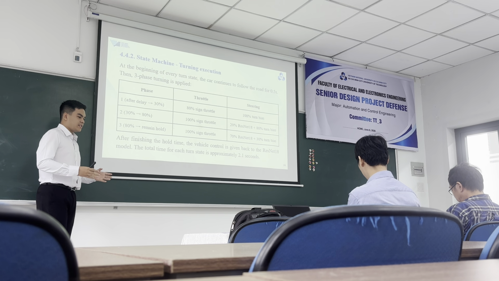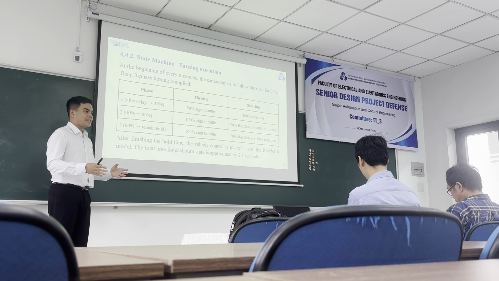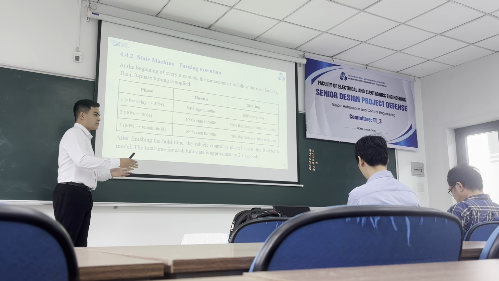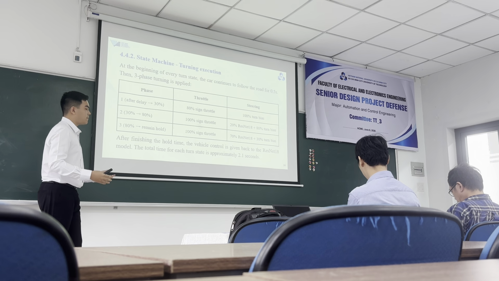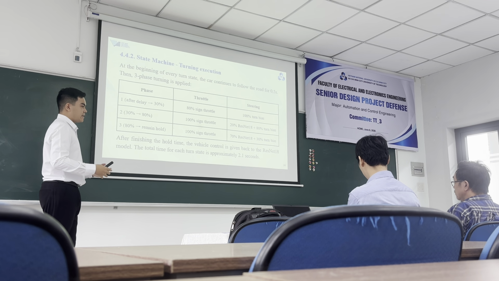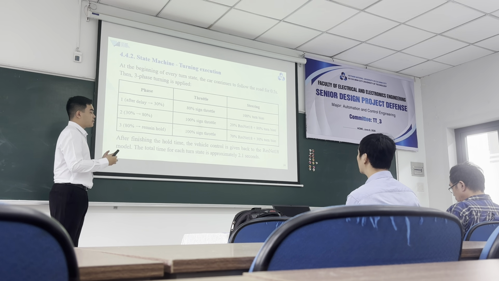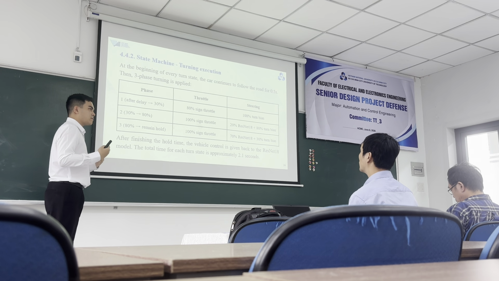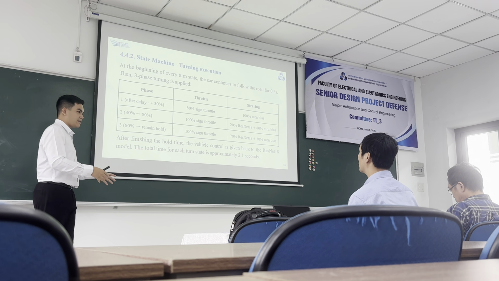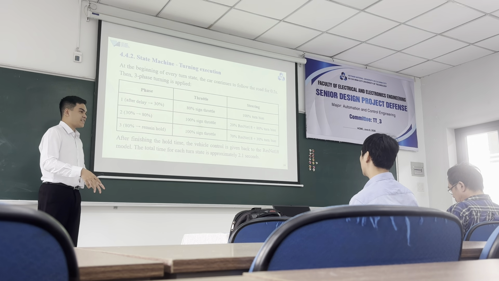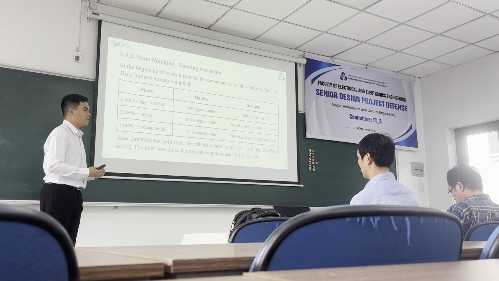If the car sees the turn left or turn right sign and it reacts immediately, it will turn before it actually goes into the intersection. So to counter that problem, I designed the program so that when the car detects the turn left or turn right sign, it will continue driving for half a second to actually enter the intersection, and then the three-phase turning will be applied.